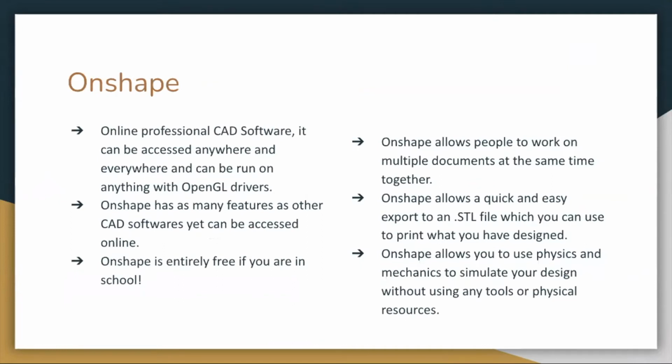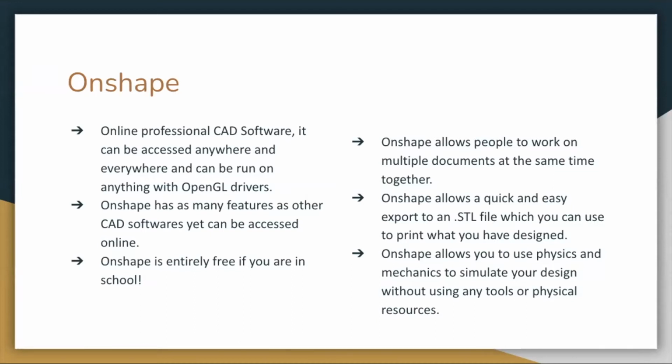So the program we're going to be using, which a lot of you have signed up for already, is OnShape. We've used OnShape for many years. OnShape is a professional CAD software. It can be accessed anywhere. It's basically like the Google Docs of 3D design. It has basically all the same features as any other CAD software, and it's entirely free, which is great for people who want to learn.